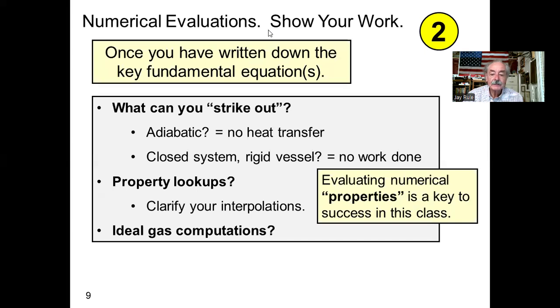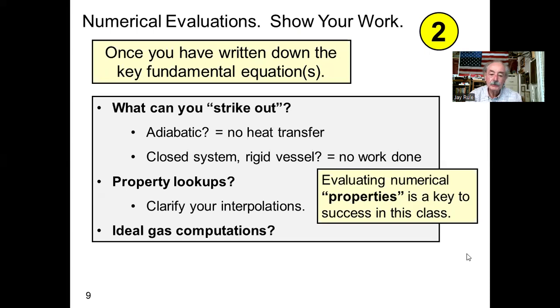Okay, next, so you've got your fundamentals written down, maybe a few words, you've got your sketch. Then the next step is working on the numerics of the problem. Strongly recommend you do those first two things, sketch and write down fundamental relationships, equations, before you start working on numerics. Why?